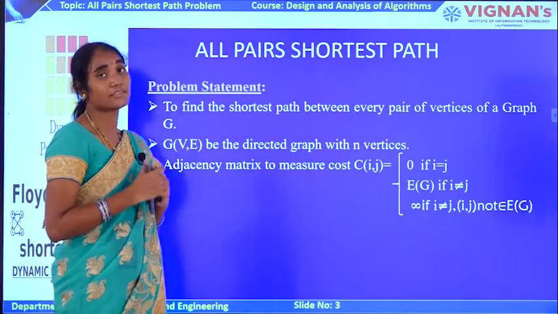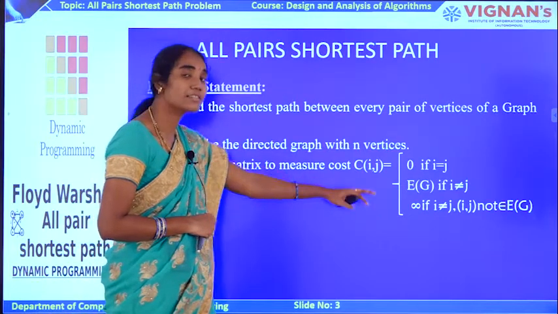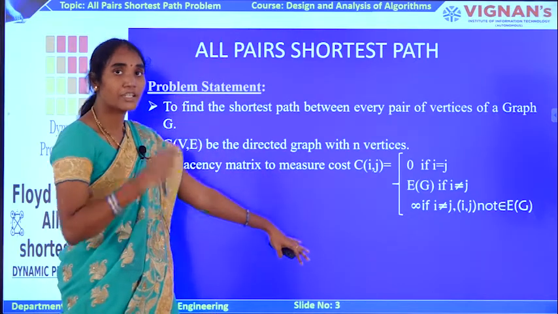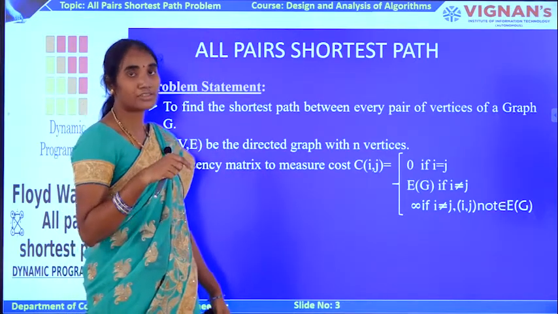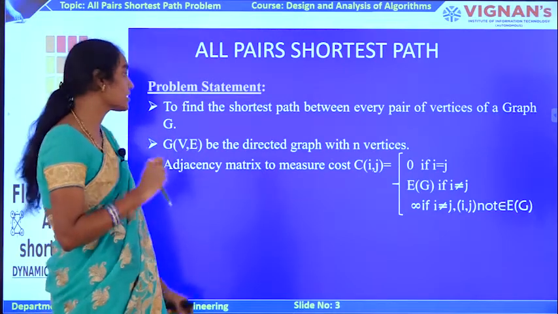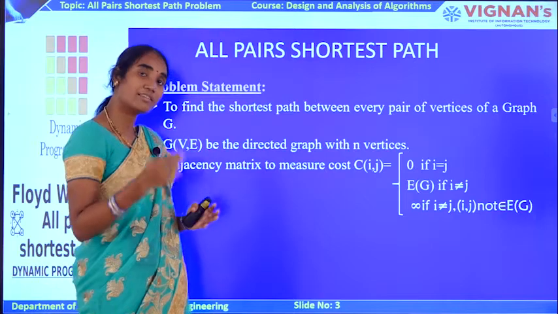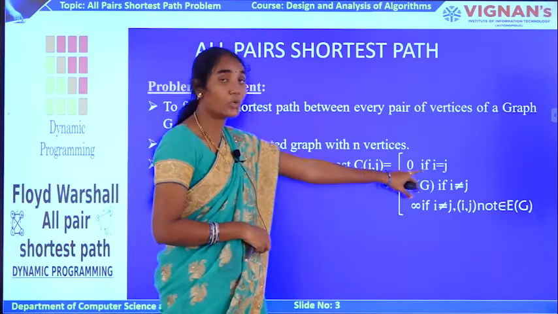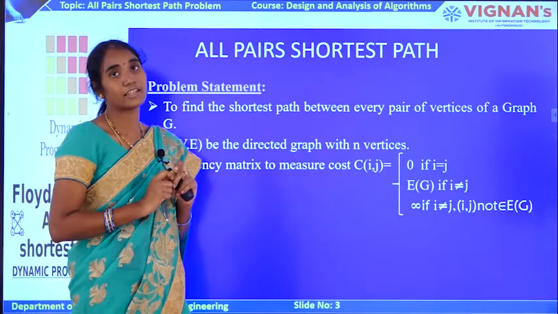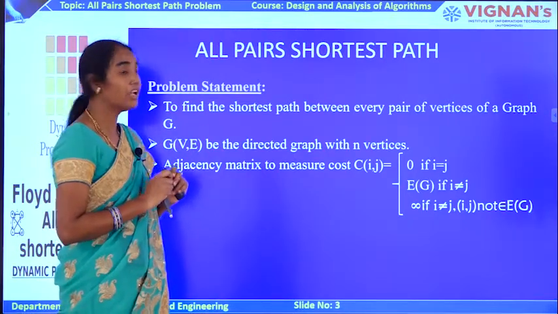Now, to write the cost adjacency matrix for the given graph, we have to follow this. If we want to find the cost to reach the same vertex from the given vertex, for example cost of 1, 1, here the cost is 0, which means there should not be any weighted cycles in the given graph.